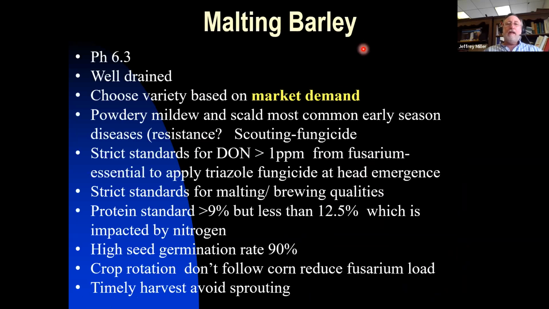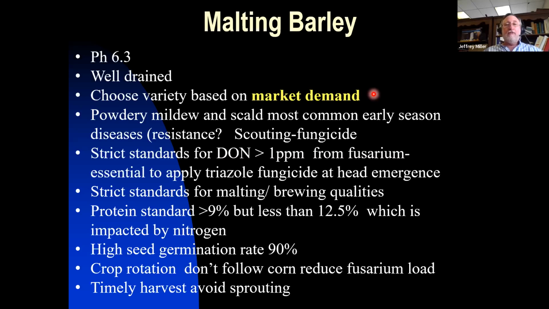So talking about best management practices for malting barley production. pH of 6.3, well-drained soil, choosing the variety based on market demand. If you don't have a market, you shouldn't be growing malting barley. You should be knowing exactly who you're selling it to and agreed upon a rate per bushel, et cetera.